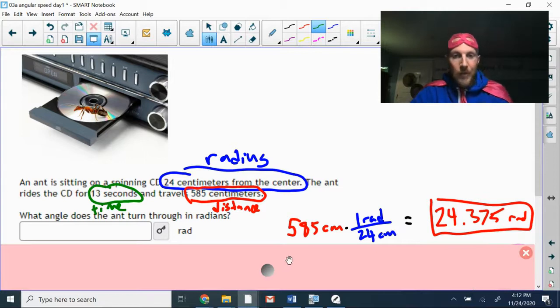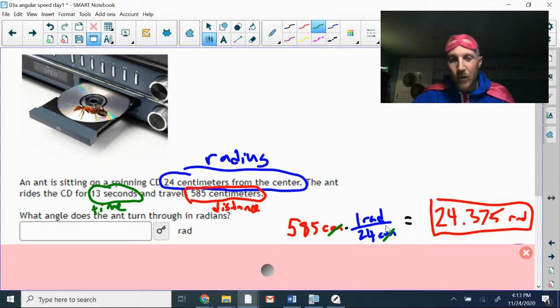So I'm going to take that total distance the ant travels, 585. I'm going to say that's my linear distance. If I unrolled that whole circle that the ant traveled through, it's a total of 585 centimeters. So I'm going to use the conversion factor of 1 radian is 24 centimeters. Centimeters cancel, and I get 24.375 radians.